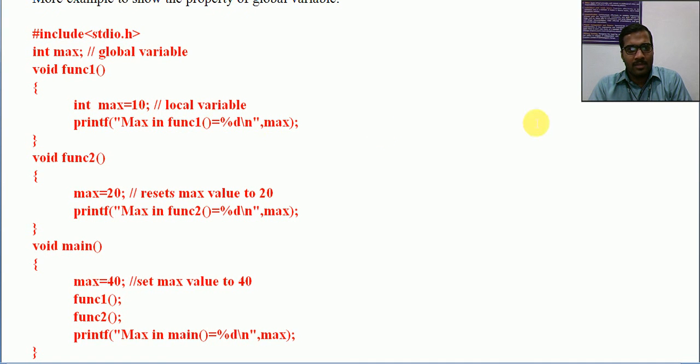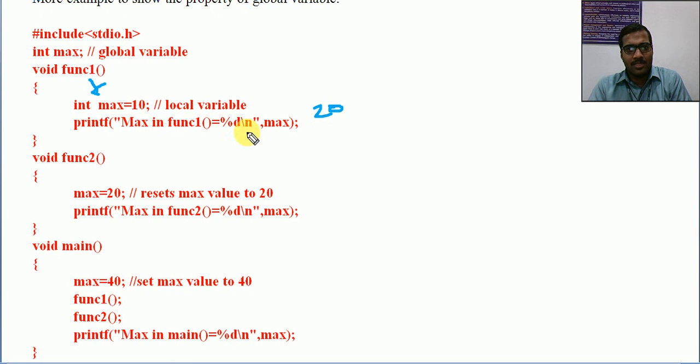Assume that the 10 was changed to 20, max equal to max plus 1, inside this function. Then we are coming out. Then if I call function 1 again, when it enters this function, this is a local variable, so again it will have 10, not 20.